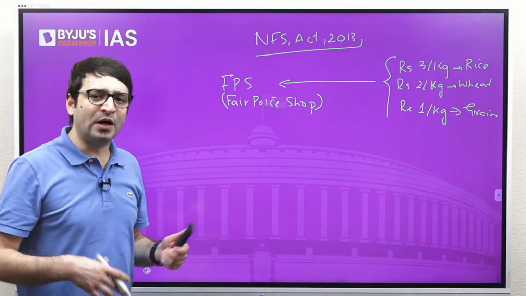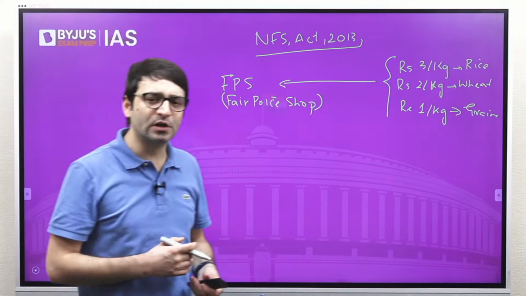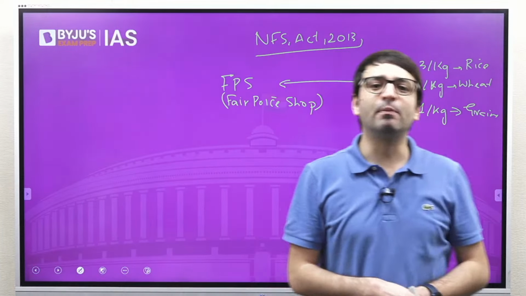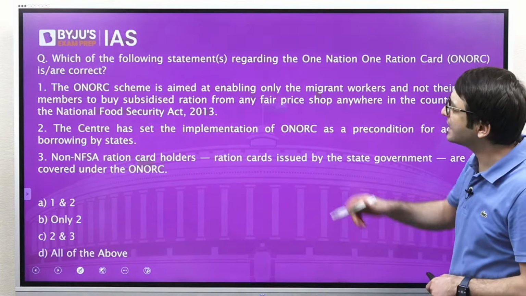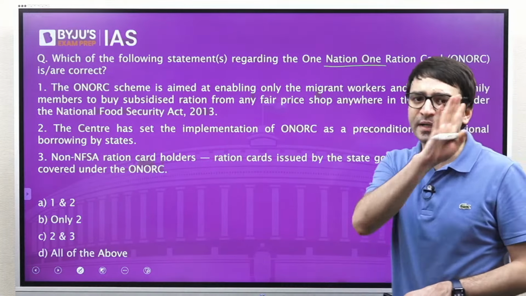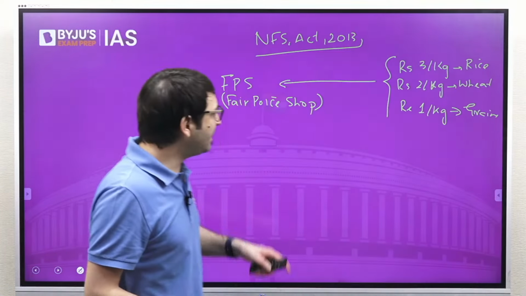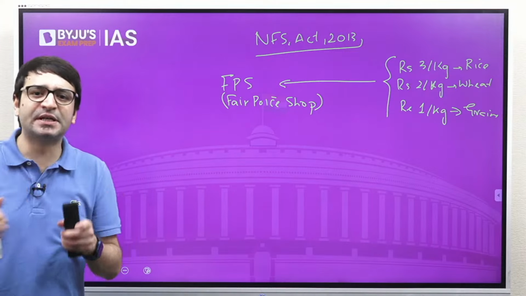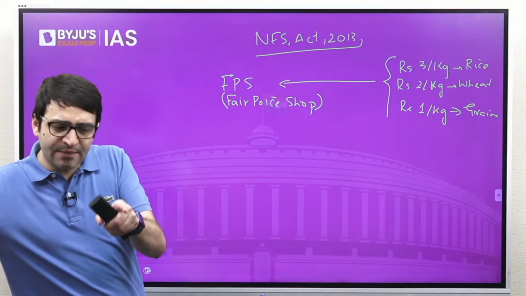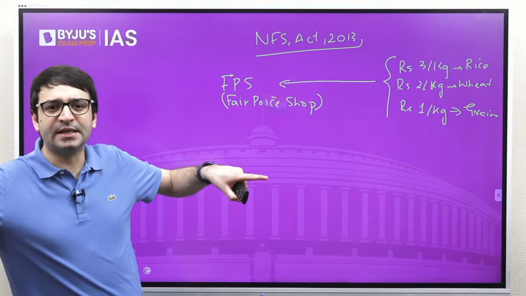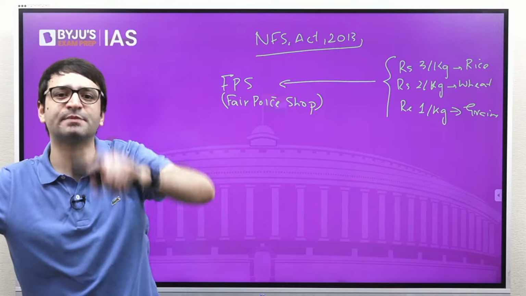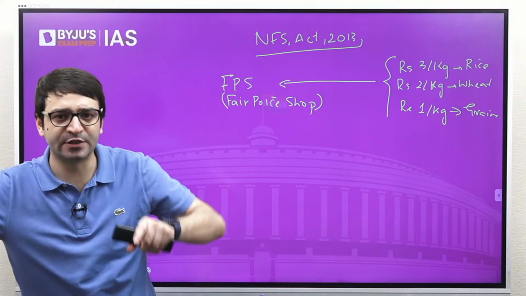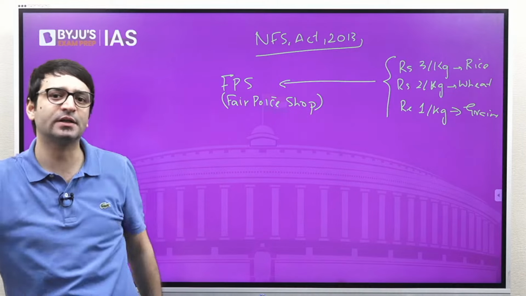This is where, on the directions of the Honorable Supreme Court, a very important reform was sought to be implemented known as One Nation, One Ration Card. That means even if you are a beneficiary in one state, in any other state, you can get this benefit. You can get the subsidized food. That's called One Nation, One Ration Card.